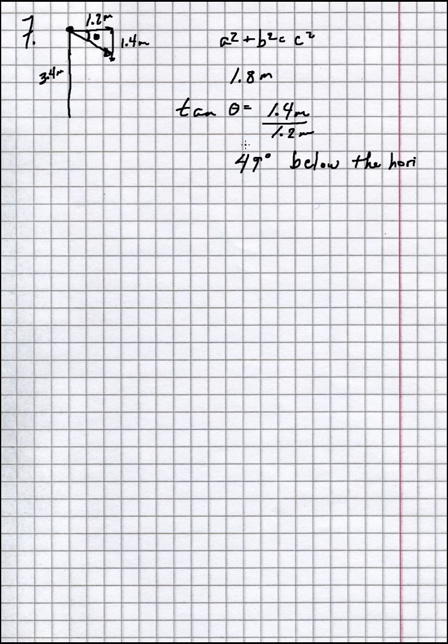Okay, so the hummingbird's displacement is 1.8 meters at 49 degrees below the horizontal.